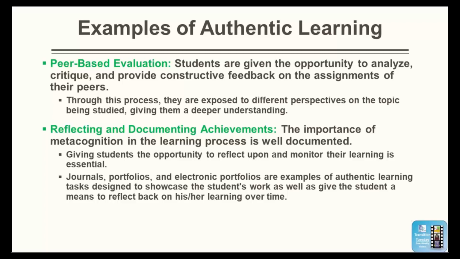The importance of metacognition in the learning process is well documented. So giving the students the opportunity to reflect upon and monitor their learning is essential. Journals, portfolios, and electronic portfolios are examples of authentic learning tasks designed to showcase the student's work as well as give the student a means to reflect back on his or her learning over time.